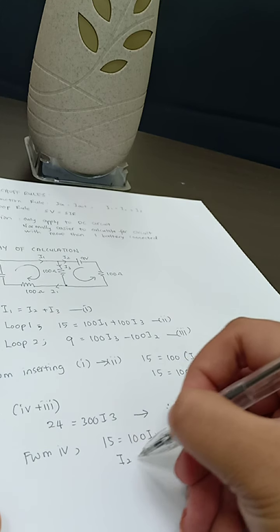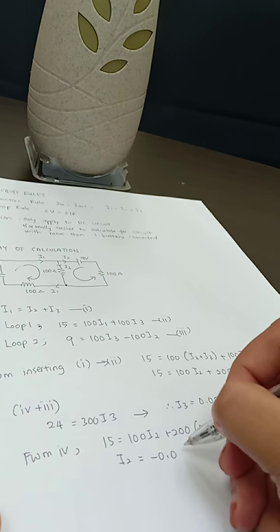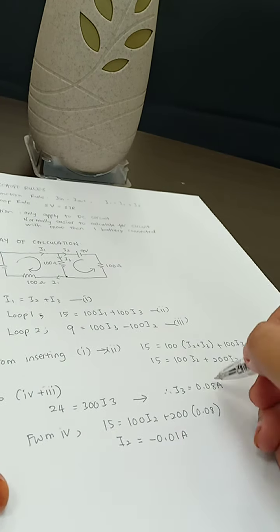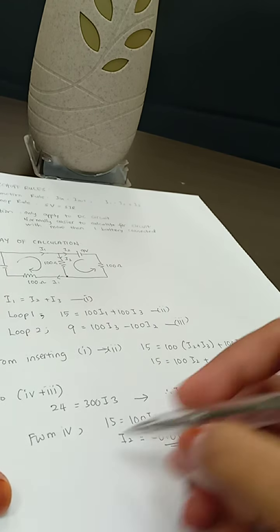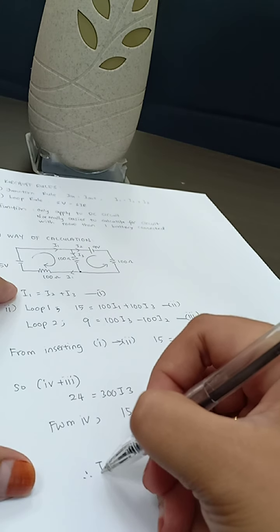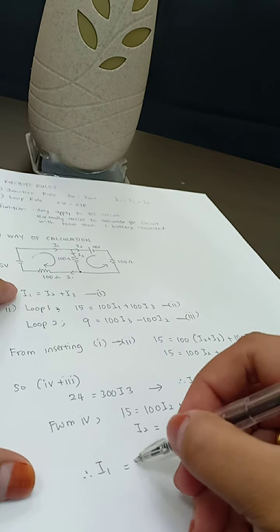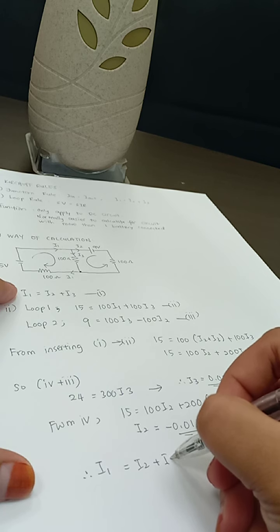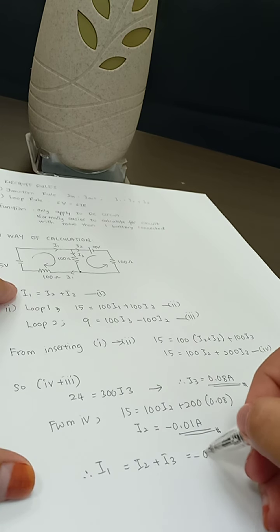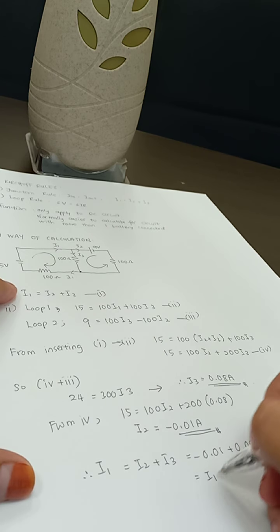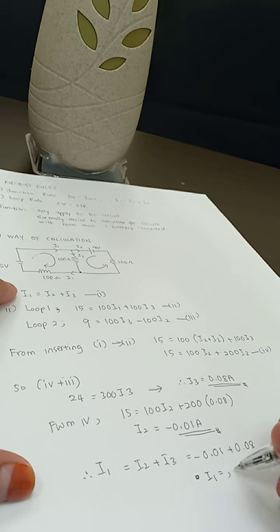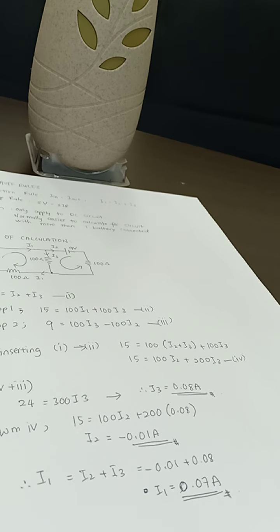Then you will get I2 equals negative 0.01 ampere. This is your second answer, and then you can go back for I1: I1 equals I2 plus I3. Keep all the signs. Then you get I1 equals 0.07. Don't forget the unit. So there you go.